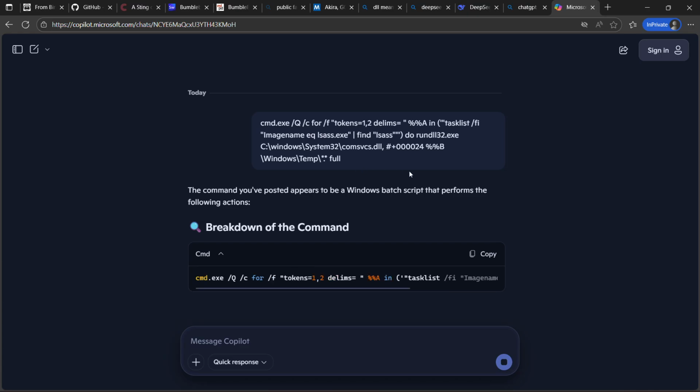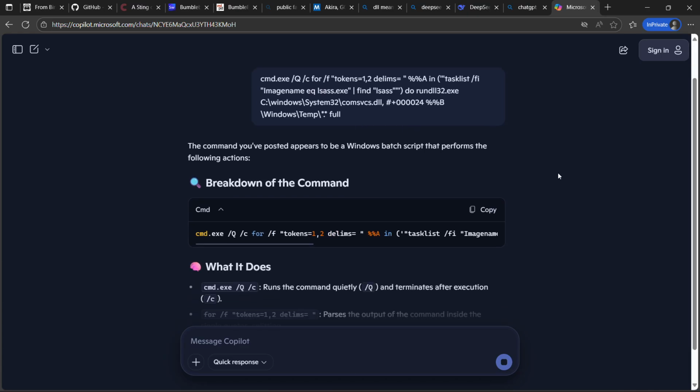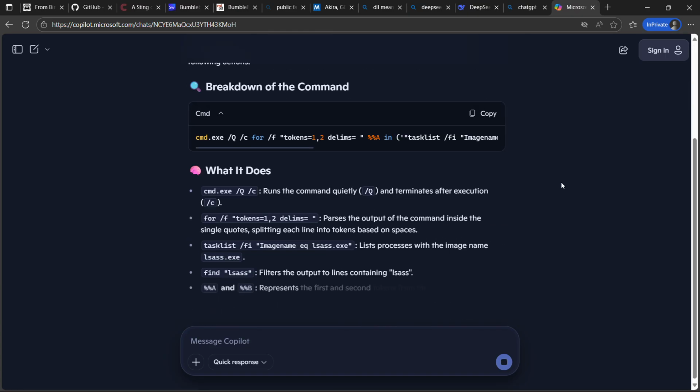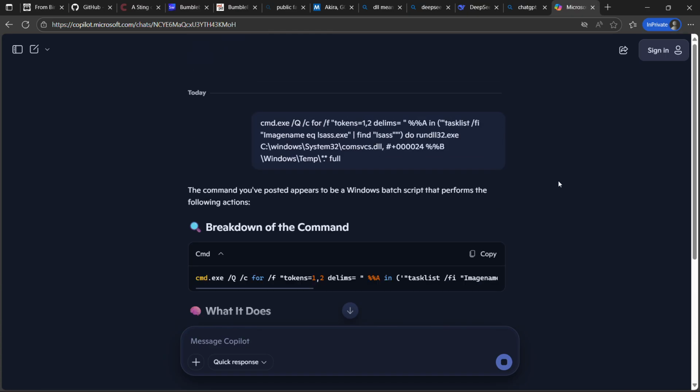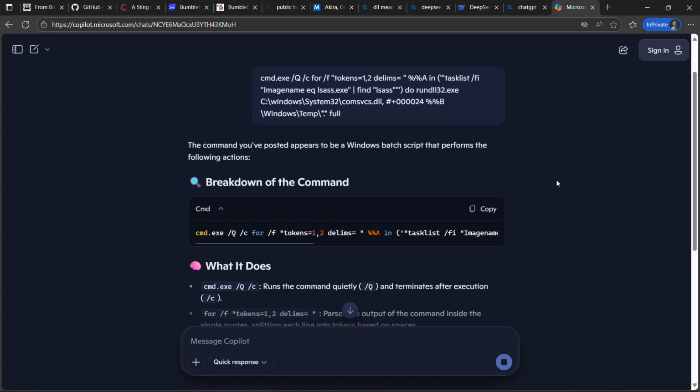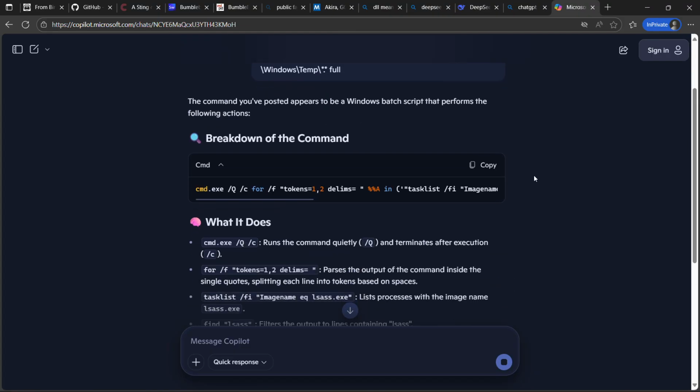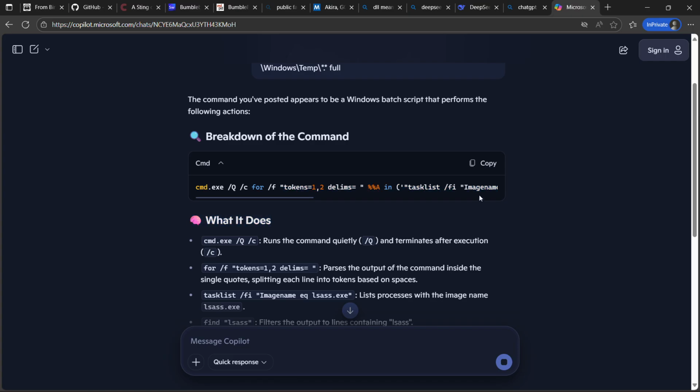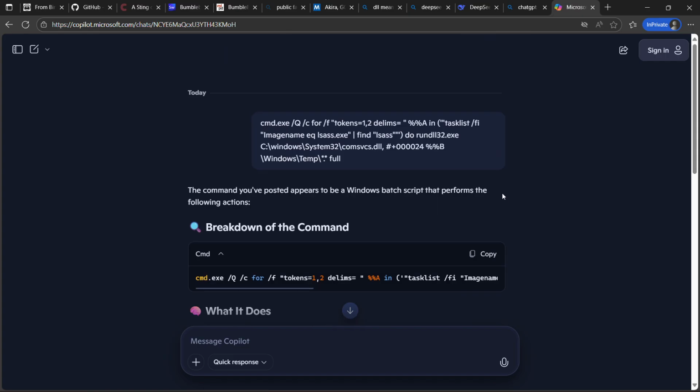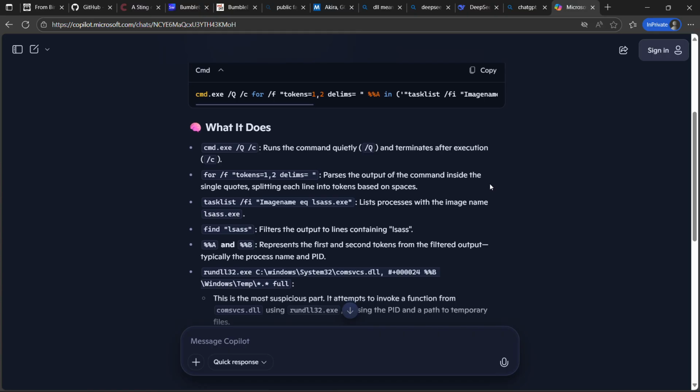Okay, this is what I do. I use Copilot or ChatGPT or DeepSeek to assist me in trying to understand what the code is, just to get a general idea. I'm not sure if I'm going to remember any of it, but I think familiarity is very important.